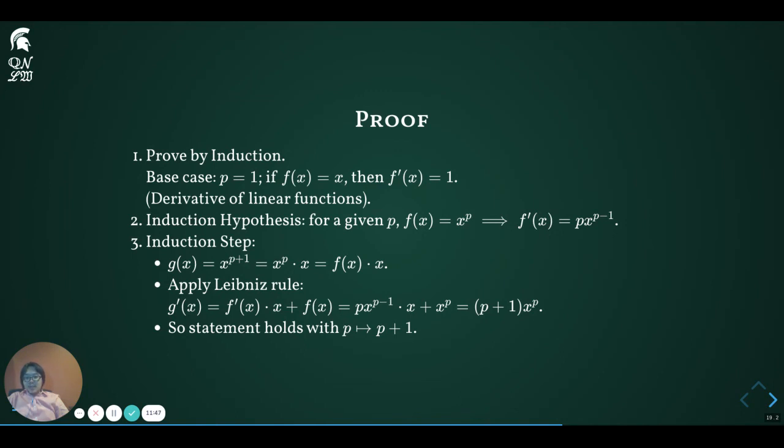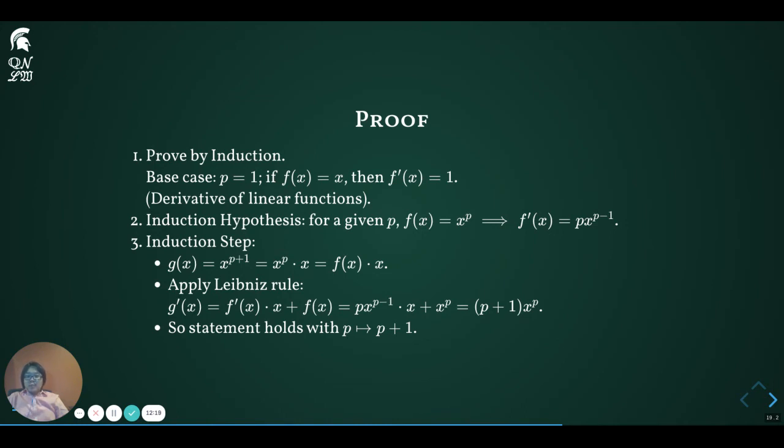For the induction step, we wish to prove that the statement is also true for p plus 1. Setting g of x to be x to the power p plus 1, we can write it as f of x times x. If we apply the product rule to compute the derivative, we find that the derivative of g is equal to f prime times x plus f times the derivative of x, which is just 1.